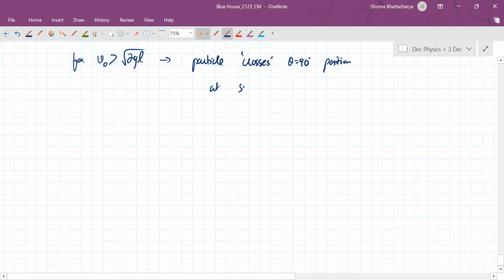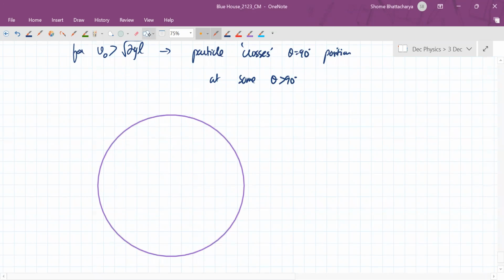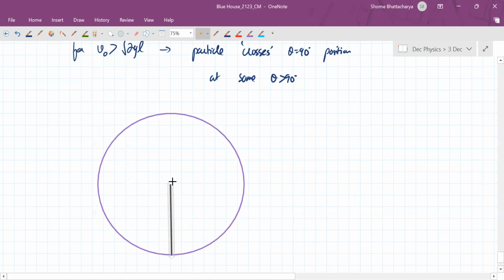Now at some theta greater than 90 degrees, let's look at the free body diagram and understand what I'm talking about, that how this can happen, that instead of continuing and completing the vertical circular motion, if the particle does not have enough kinetic energy, enough speed, this thread will slacken off. So if I've now gone to some position like this, where my angular displacement from the initial point at the bottom is greater than 90 degrees.